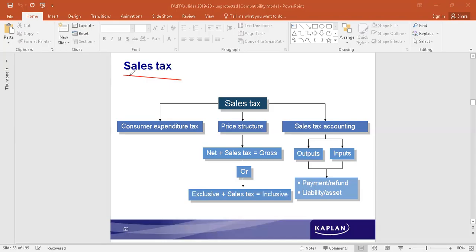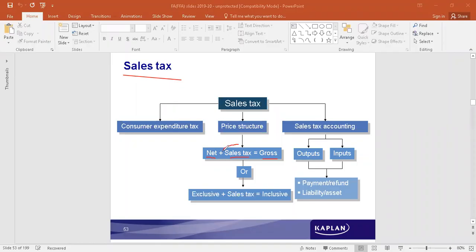So while deciding the price of the product, that amount of tax would be added to the price of the product, and then we would see what is the total price of the product. The price offered to the customers is the total price after adding the sales tax.